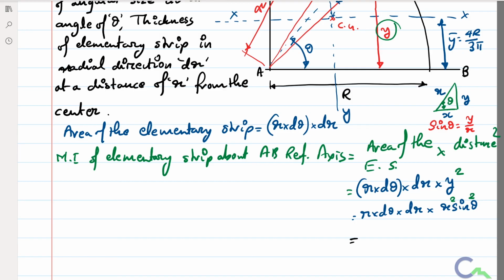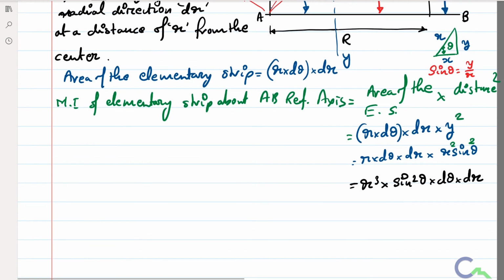So I can write r cube sin square theta d theta dr. I can substitute sin square theta is equal to 1 minus cos 2 theta divided by 2.